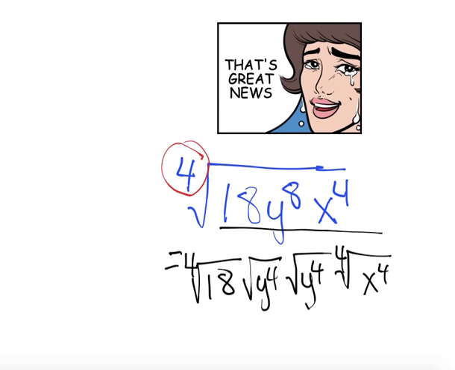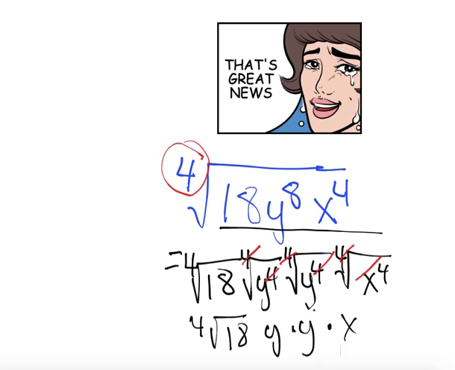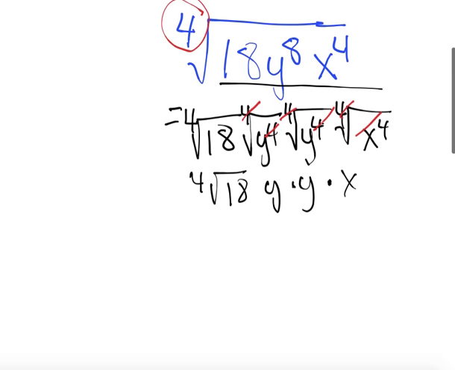Then step number 3, you cancel. And see, here, again, you cancel what you can. And then you're left with the following. And finally, you rewrite it.